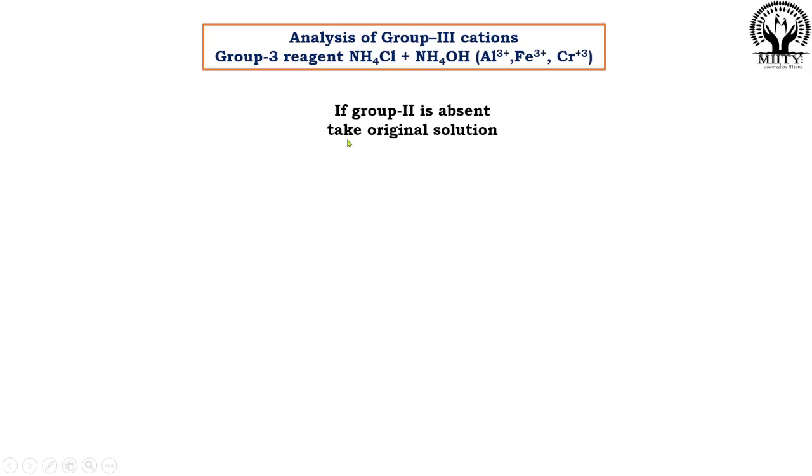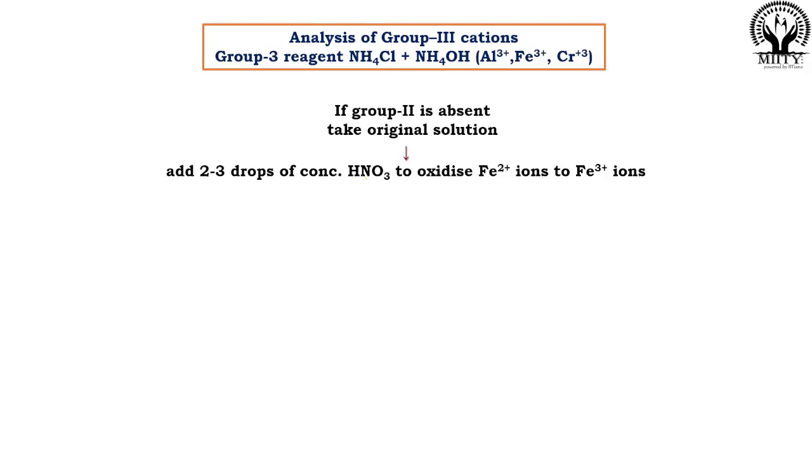That means after performing the first group and second group cation tests, if both are absent, then take the original solution and add 2-3 drops of conc. HNO3 to oxidize Fe+2 to Fe+3.